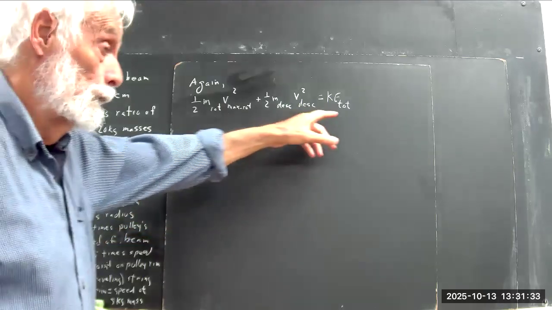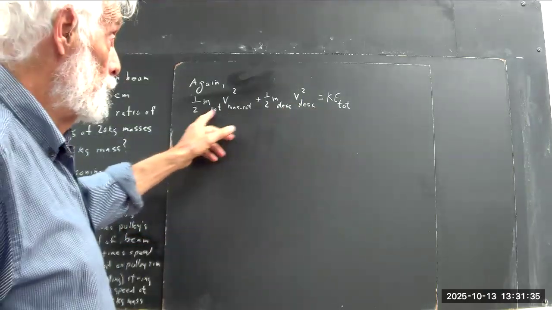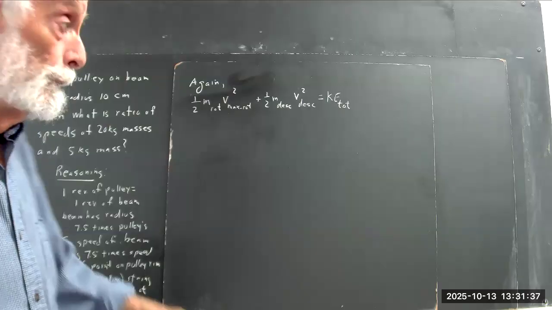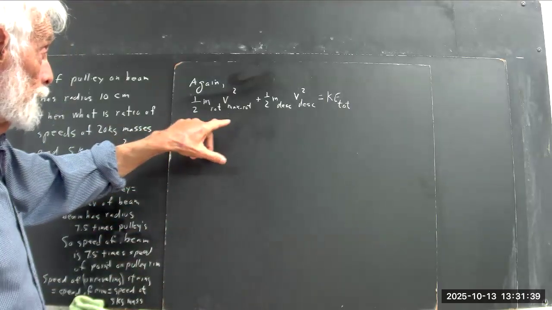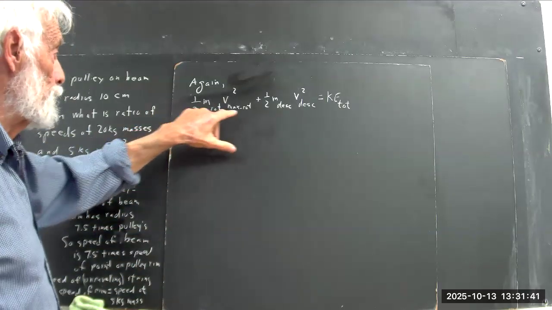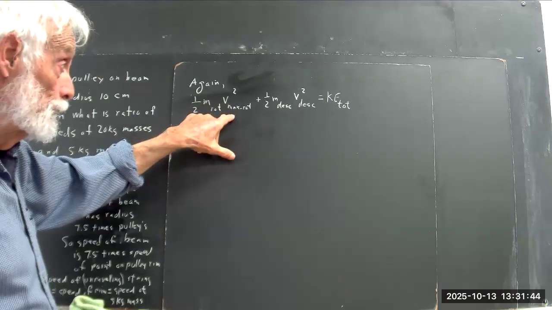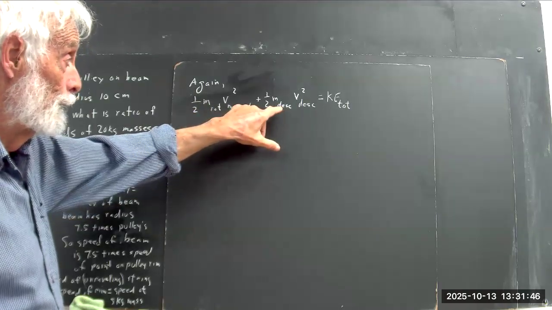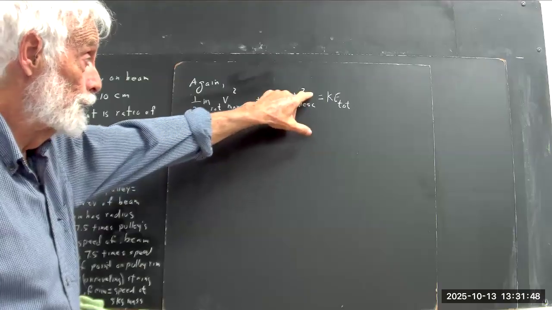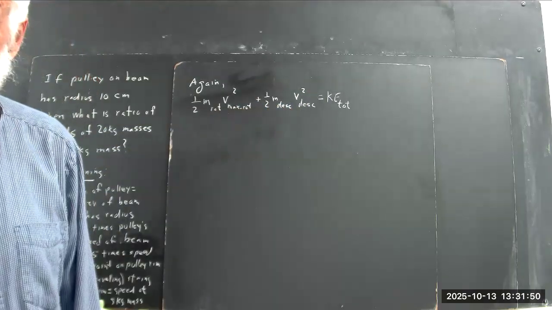So we know what number we're going to put here, but I'm just going to do it with symbols first, so we see that we have to calculate the kinetic energy of the rotating mass based on its speed and the kinetic energy of the descending mass based on its speed.